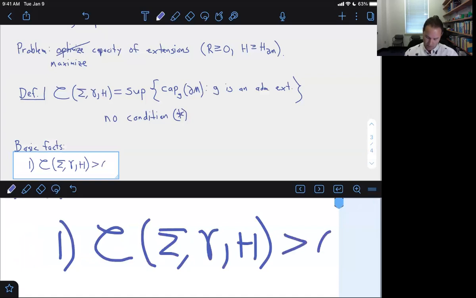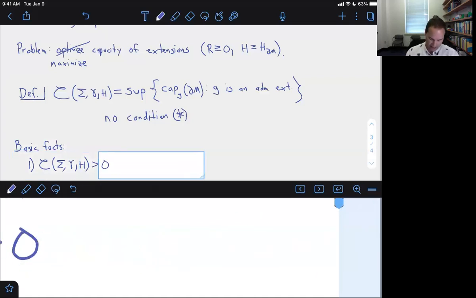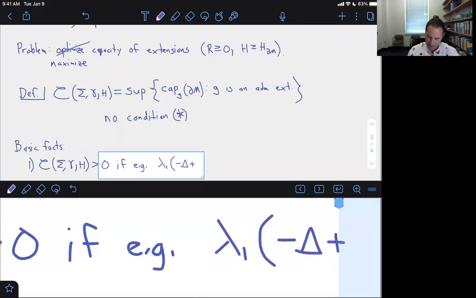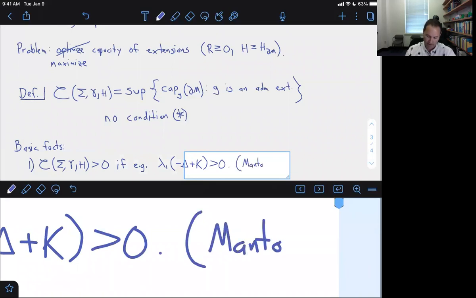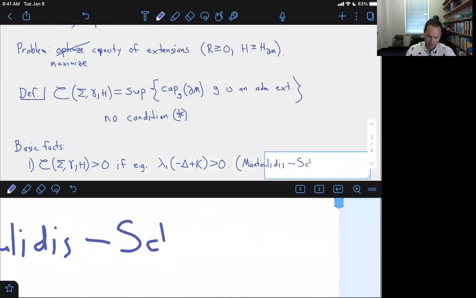So extensions exist. In many cases, for example, if you have positive Gauss curvature, or more generally, if the lowest eigenvalue of the operator minus Laplacian plus Gauss curvature on the surface is positive, this follows immediately from the Mantoulidis-Schoen construction.